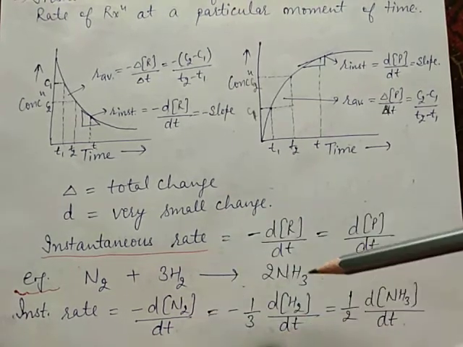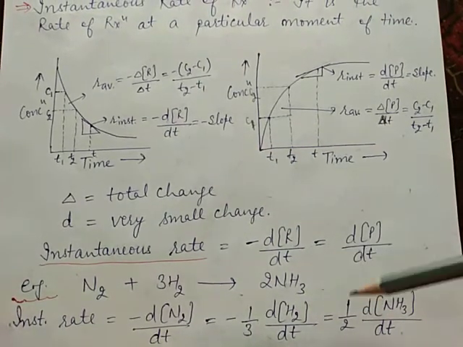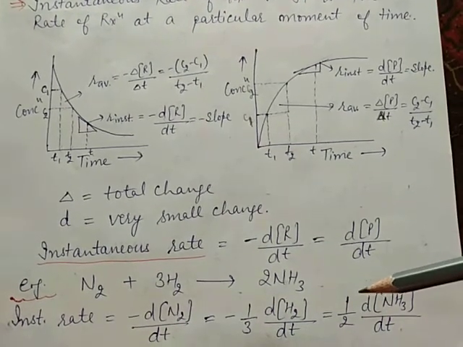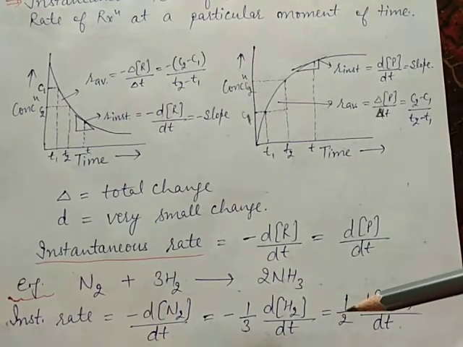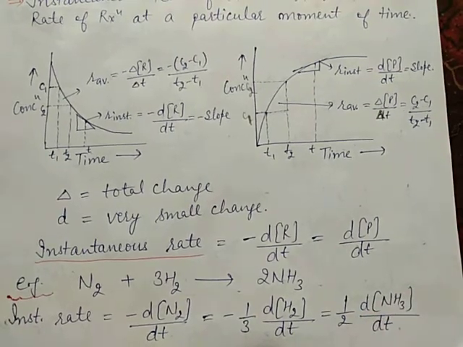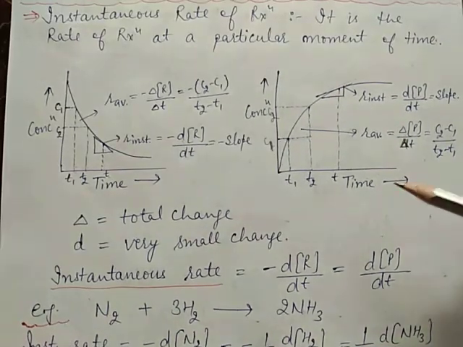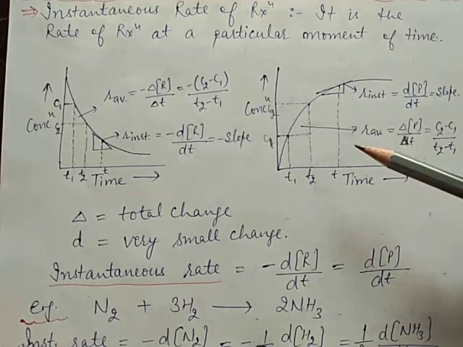So this is the instantaneous rate, meaning the rate of reaction at a particular moment of time and a very small concentration change over a small interval of time. So this is the small difference between the average rate and the instantaneous rate of a reaction.